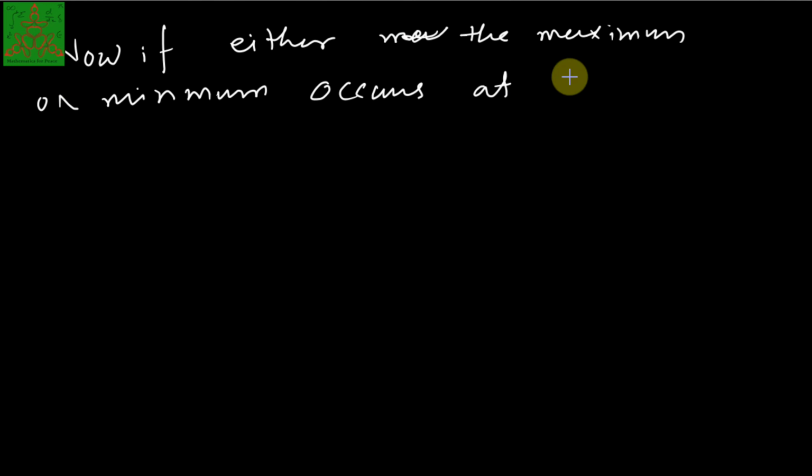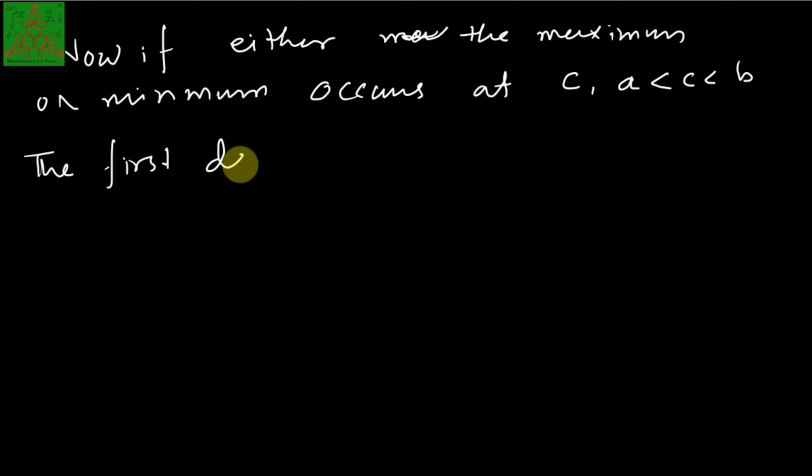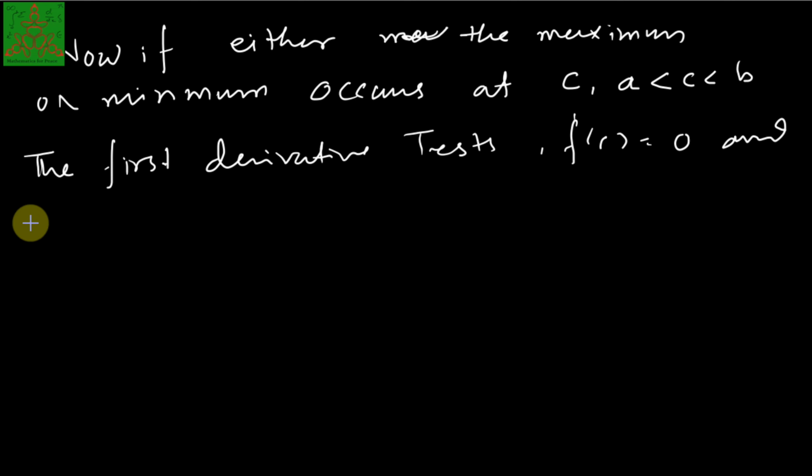Now if either the maximum or a minimum occurs at C where A is less than C less than B, then the first derivative test tells that f dash of C is 0, and C is that point.